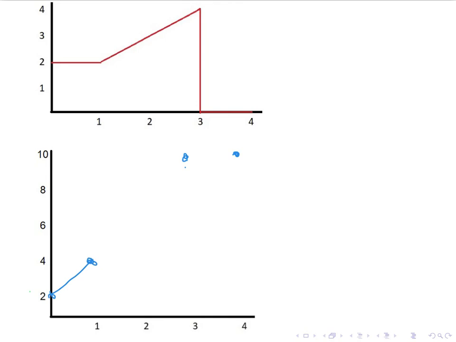Around over here, and I accidentally just got rid of my line. Whoops. Put that in blue. So again, our vertex is somewhere over there. And then just visualize graphing it between those points.